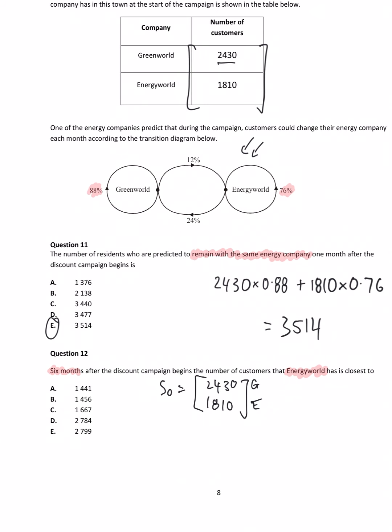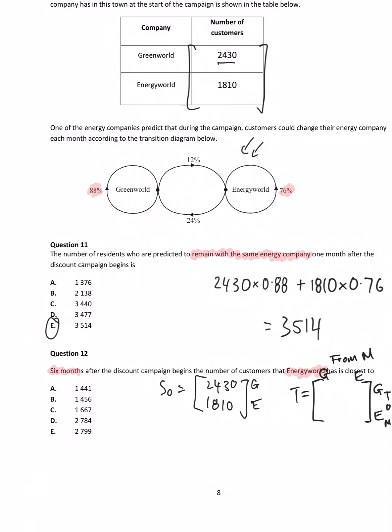Then using that transition diagram, we can make a transition matrix, so a 2x2 one. I'll start with Green World. This is Green World, Energy World, just where they're going from. I'll just put monthly, or capital M. I've run out of room, but this is 2 monthly.